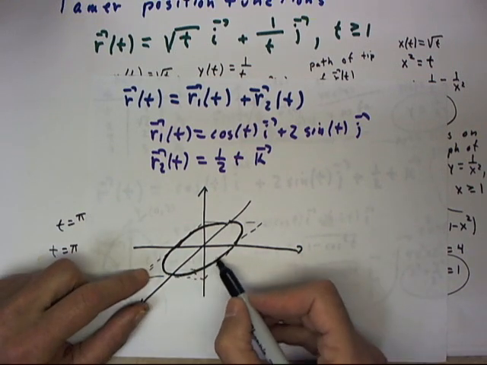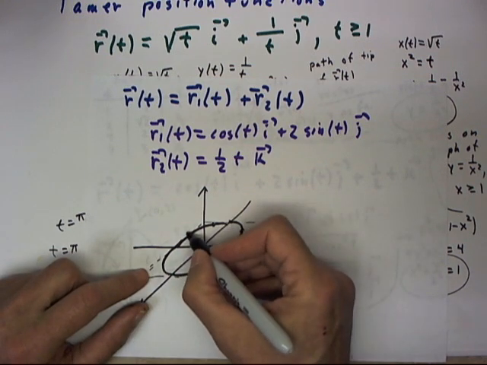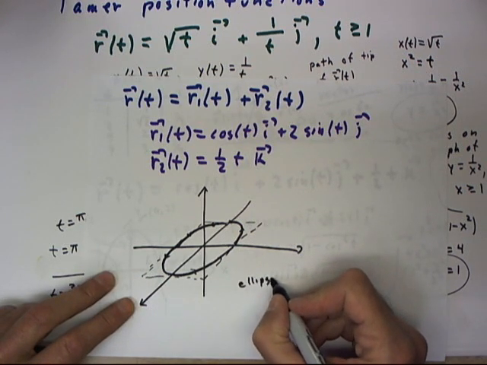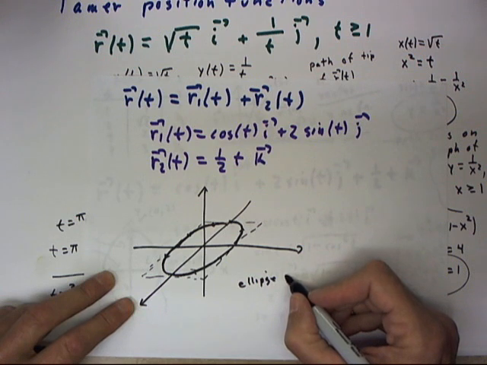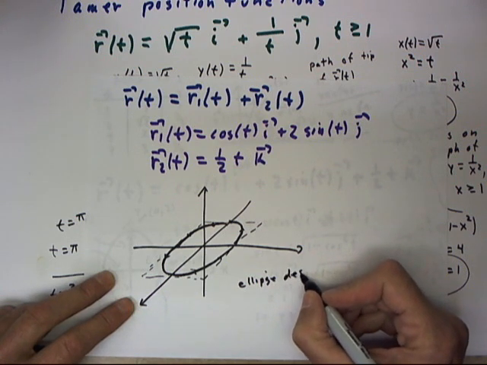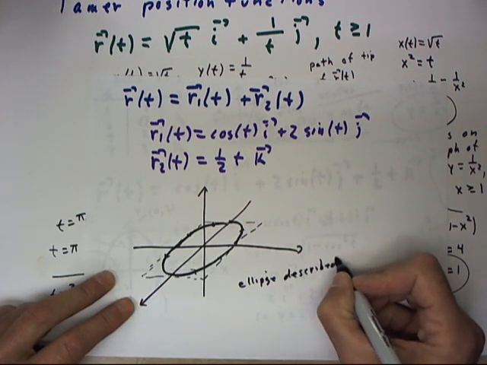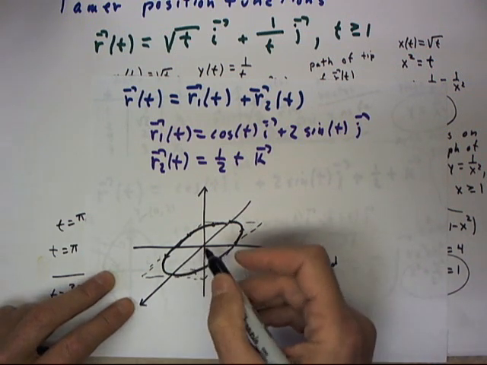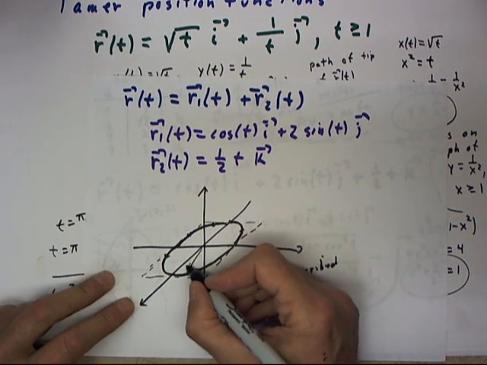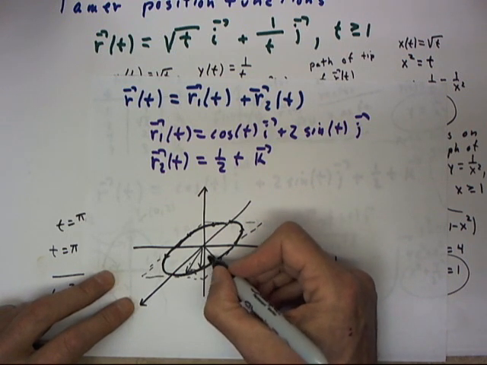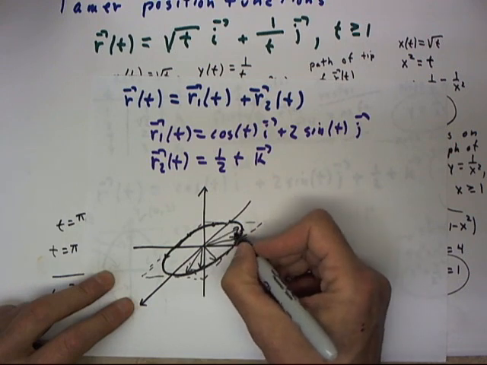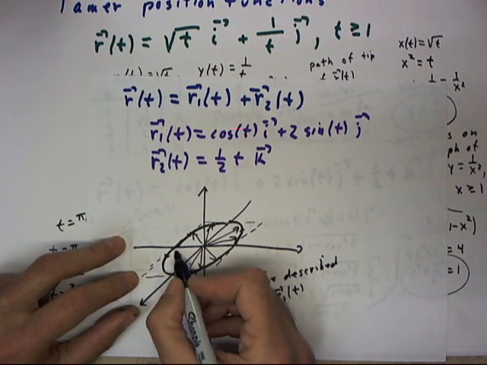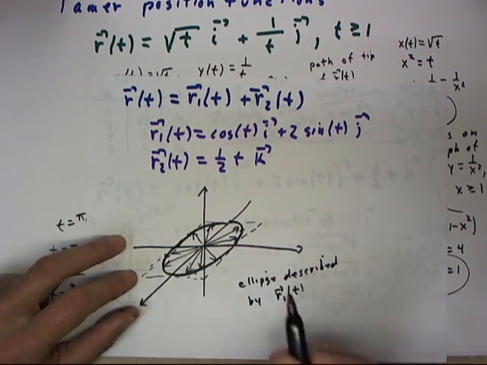Okay, we move along this ellipse in the counterclockwise direction, and this is the ellipse described by r1 of t. So we think of a series of vectors moving around this ellipse. Well, we might as well complete the picture and draw a couple more.